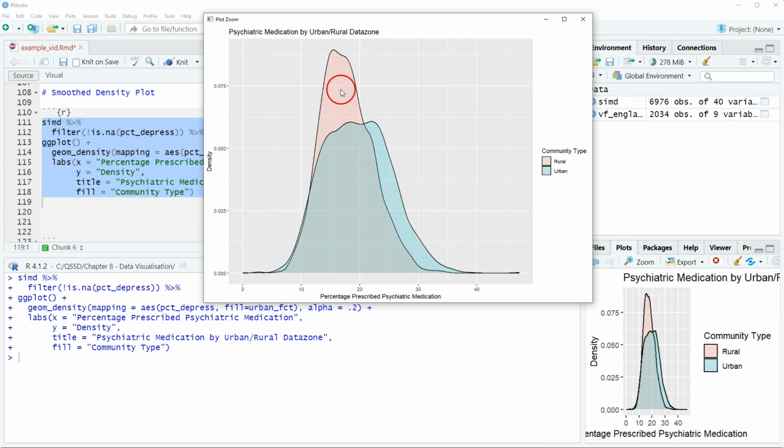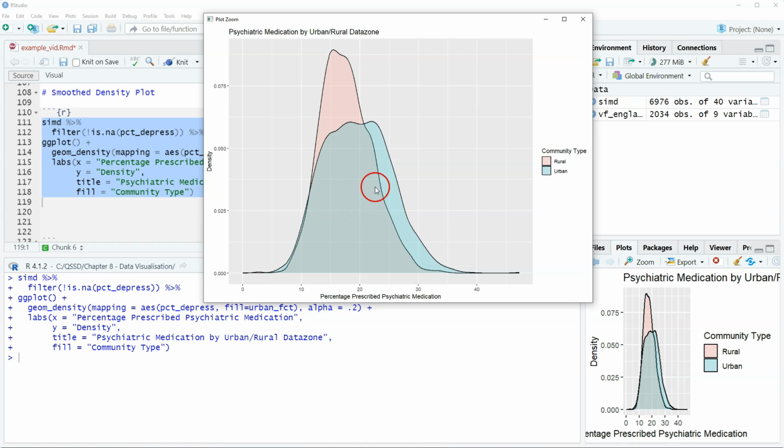The reddish pink is rural, and I think this makes it much clearer how the distributions look for the two community types. We see that rural is really clustered at around 15, between 15 and 20. Urban is more spread out, and it's also shifted: some of the mass is shifted to the right.